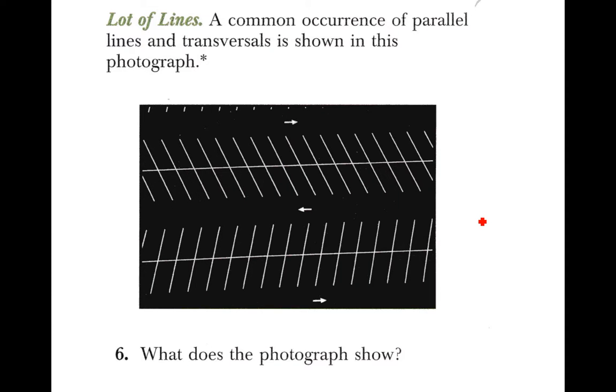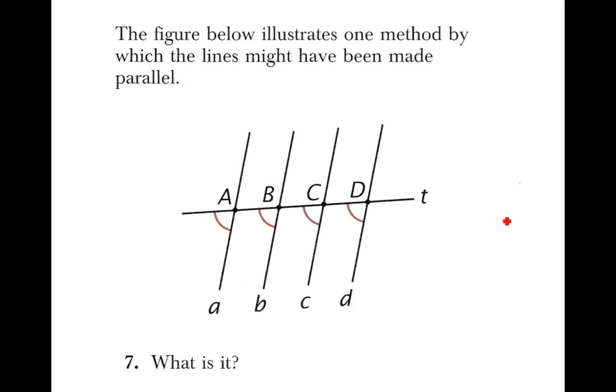Bird's eye view, helicopter view, what is it? That's all they're asking in number 6. Arrows kind of help you. If you're a driver, you might be more likely to get it. What they're going to ask you to do is to construct this. And they ask you, how did they do that? And maybe these little arcs right here kind of help you.